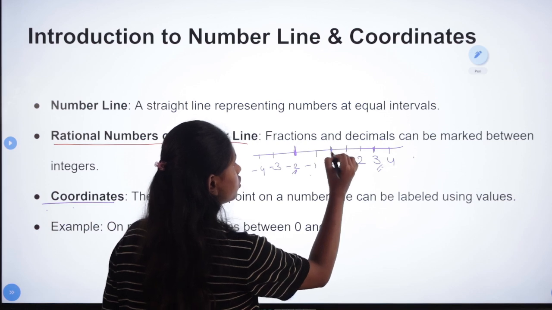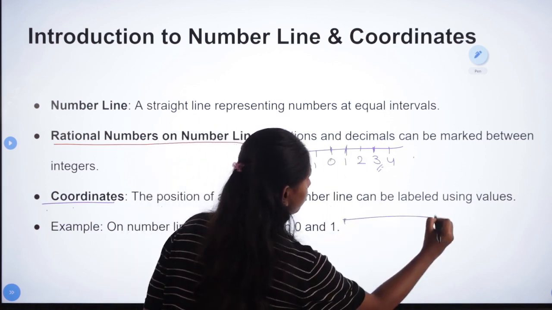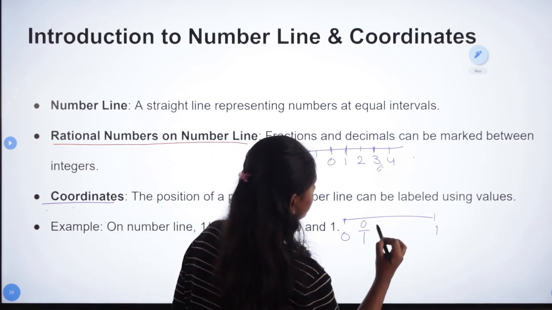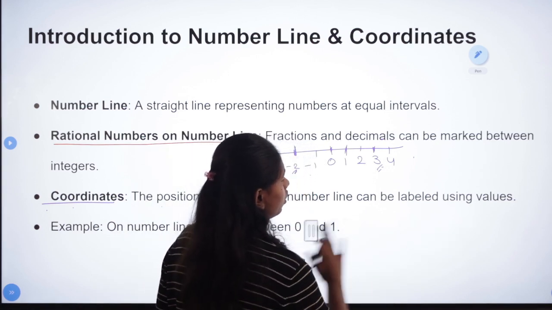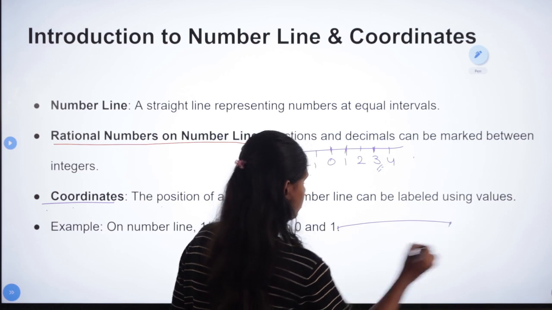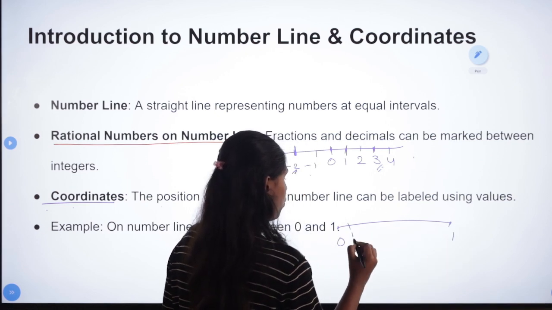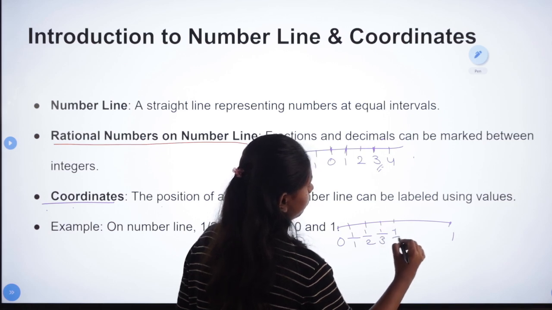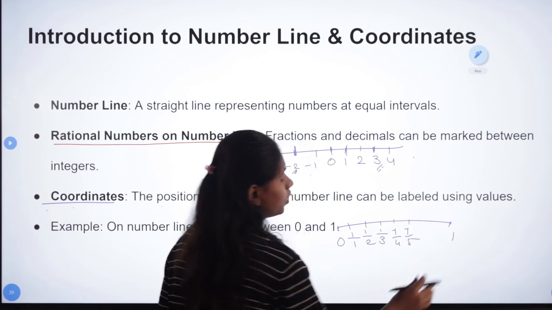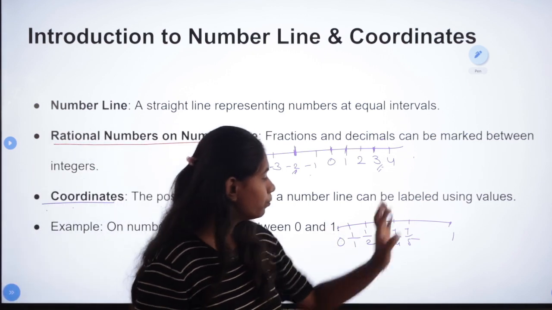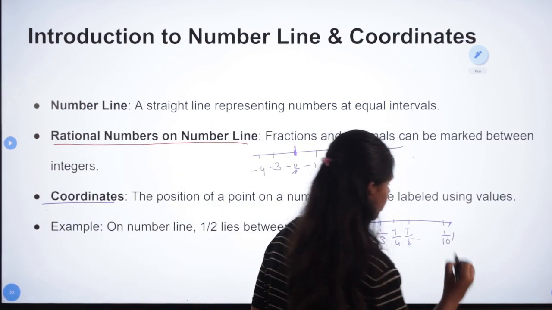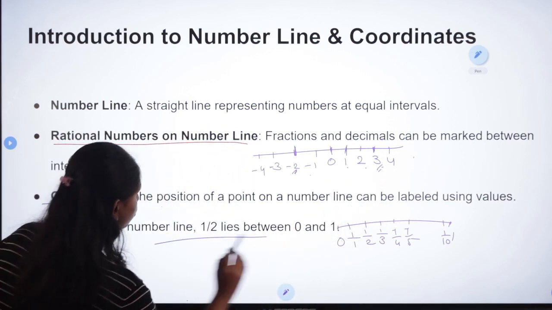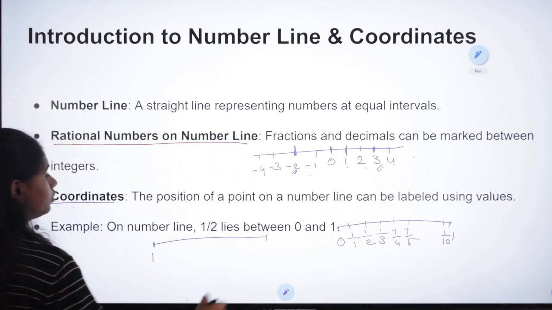When you take the points 0 and 1, the numbers will not be like 0 by 1, 0 by 2, no. The rational numbers will be like this: 1 by 1, 1 by 2, 1 by 3, 1 by 4, 1 by 5, like this up to 10. Okay, 1 by 10.